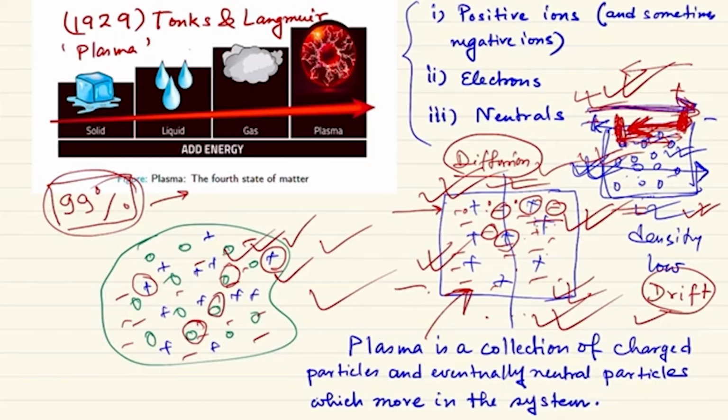Now we have discussed the formal definition of plasma, and we have also seen that depending on the energy which is creating the plasma, we can have either diffusion or drift type of motion, but in a practical case you can have both, and then there will be a competition between drift and diffusion.